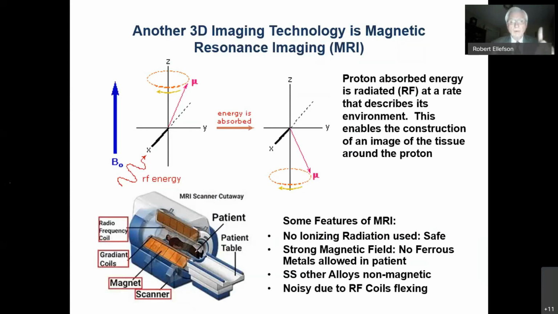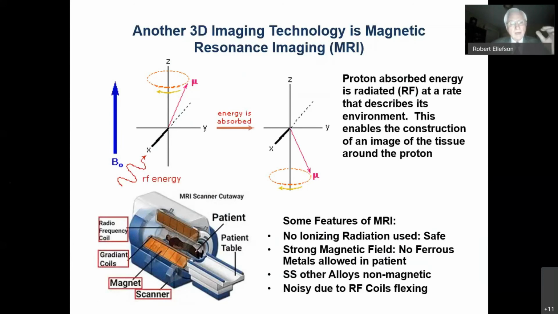And each of those protons acts like a little bar magnet, so it has a magnetic moment, which we've labeled mu here. In the presence of this magnetic field, it can precess around the axis at a particular frequency, called the Larmor precession frequency, directly proportional to the applied field.